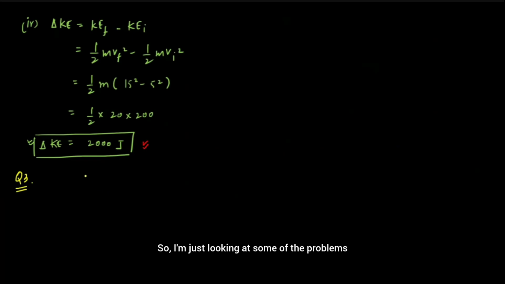So I'm just looking at some of the problems you shared in the previous assignment, like the assignment sheet. If you just look at it, question number 54, 55, 56. You should try 56th question. So basically the combined mass is given as 45 kgs.